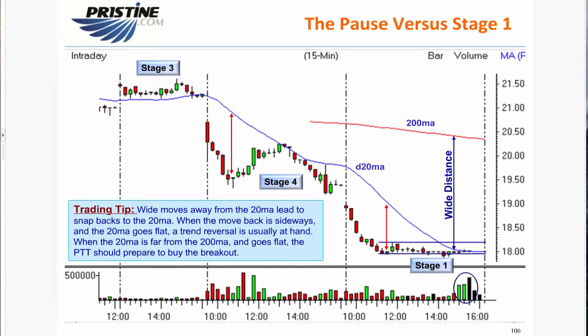Making sure that you have the larger time frame in your corner will help give you the confidence to sit through a topping tail if it closes in that way following a breakout, or a bottoming tail if it closes that way following a breakdown. If you know the larger time frame is in your corner and that price should continue moving in that direction, then you should be comfortable and confident with that.